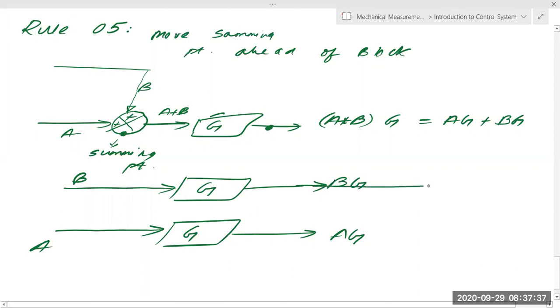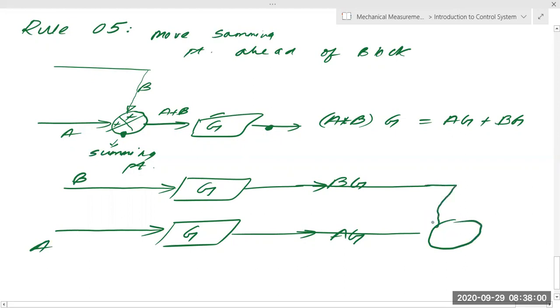And if we add both the signals after this, because we want to move the summing point ahead of, or you can say after, the block. So if we move this summing point to this point, just give me a second so that I can draw it properly. This is my point.